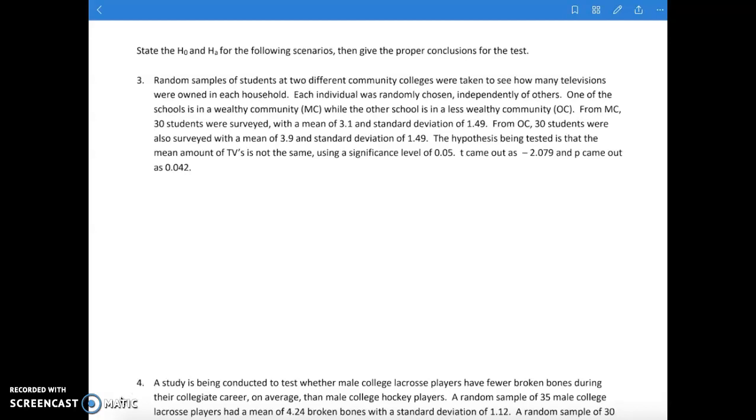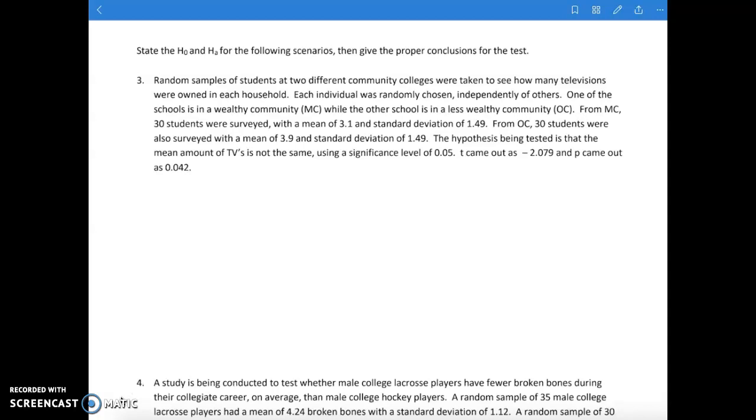So problem number 3 says, random samples of students at 2 different community colleges were taken to see how many televisions were owned in each household. Each individual was randomly chosen independently of others. One of the schools is in a wealthy community, MC, while the other school is in a less wealthy community referred to as OC. From MC, 30 students were surveyed with a mean of 3.1 and a standard deviation of 1.49 TVs.